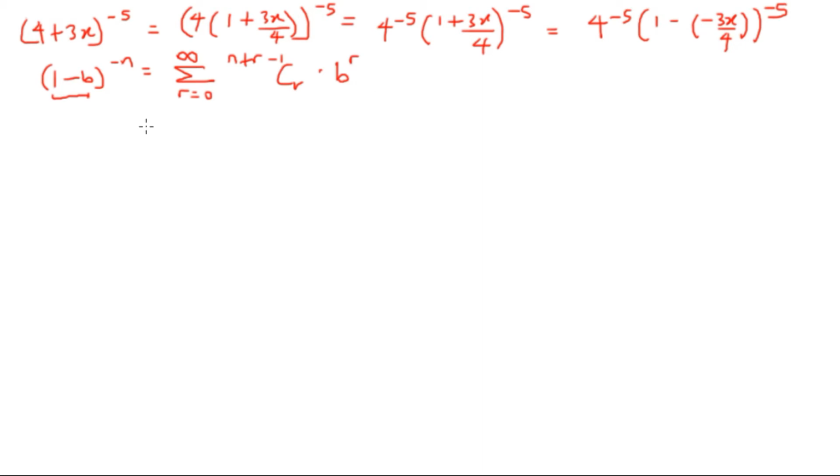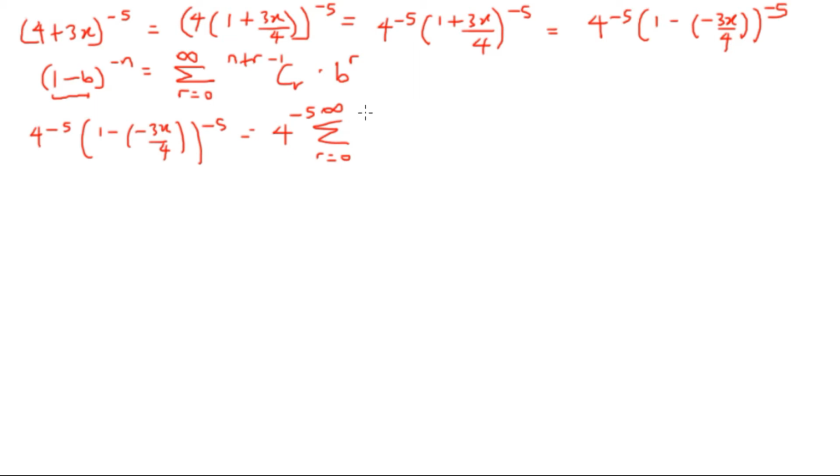All right, so if I'll be using this formula now, then I should have something of this nature: 4 raised to power minus 5 into 1 minus 3x over 4, raised to power negative 5. Then that should be equal to 4 raised to power minus 5 summation, as r starts from 0 to the point where r becomes infinity, and then we have n plus r minus 1.